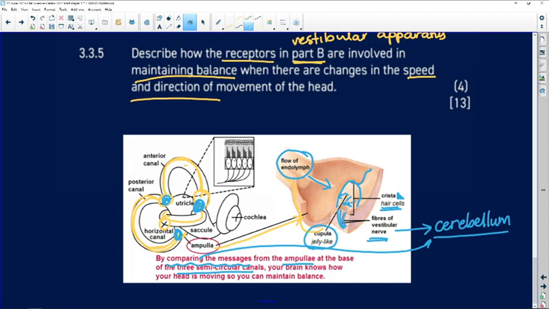The brain then knows, well, this one is signaling that way, this one is signaling that way, and triangulating that information, the brain knows how your head is moving, how fast it's moving, what direction it's moving in, and therefore you are able to maintain balance.